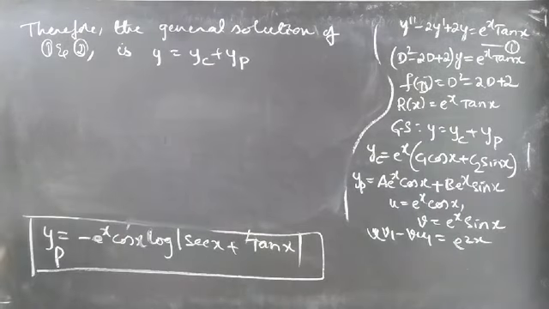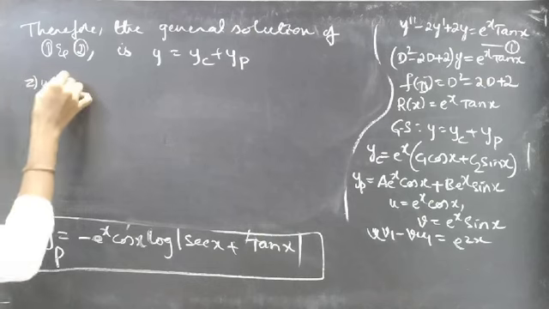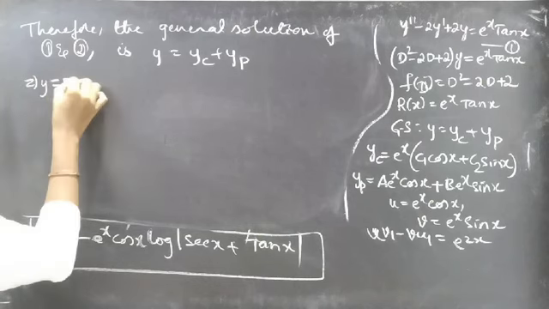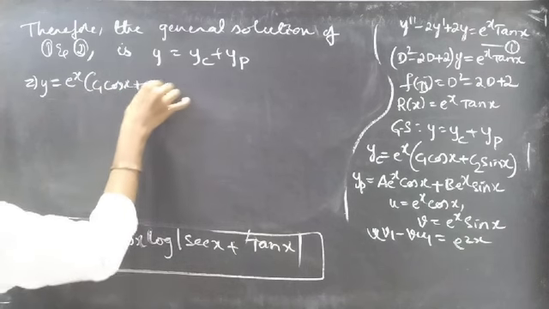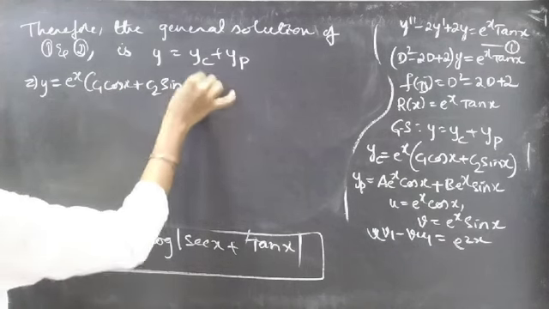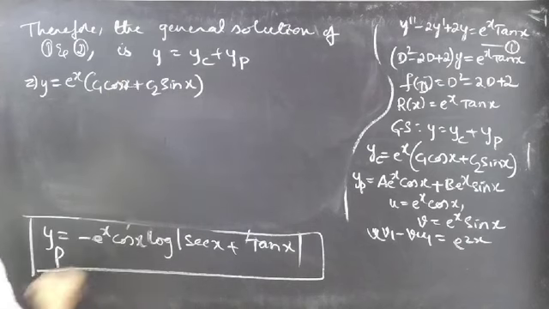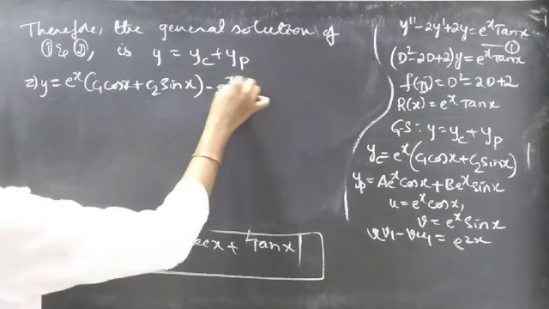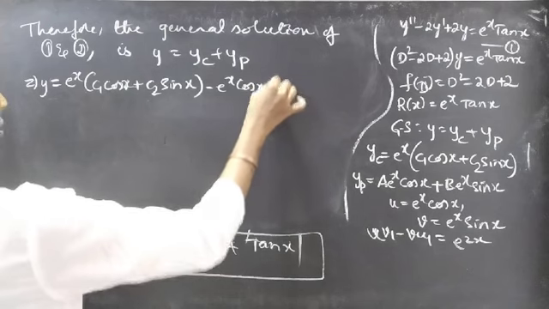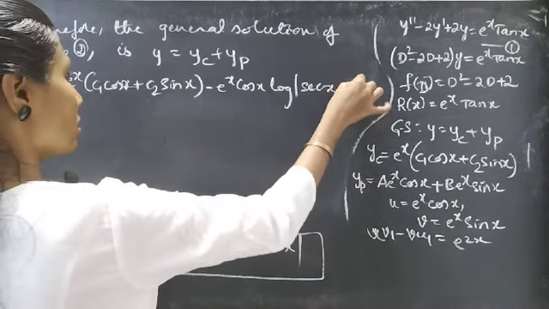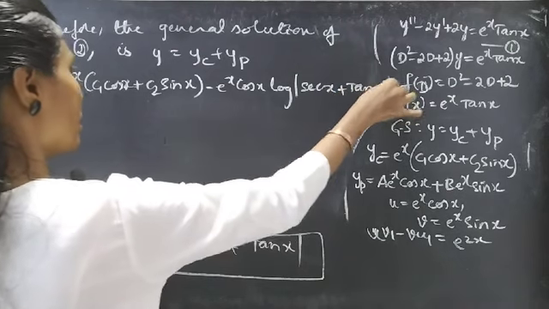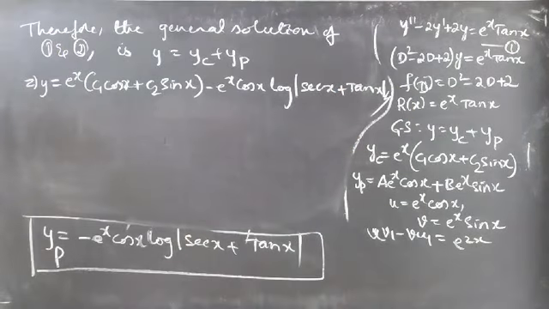Okay, y equal to yc, we have e power x into c1 cos x plus c2 sin x, and yp is minus e power x cos x log mod secant x plus tan x. This completes the problem.